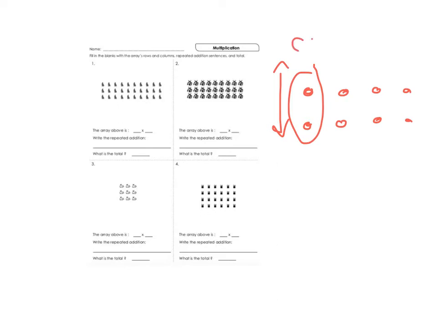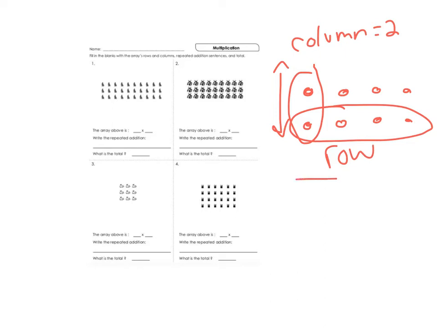That's called a column. How many is in the column? 2. Then over here is called a row. A row goes right to left. How many in the row? 4. So my array would be 2 times 4.